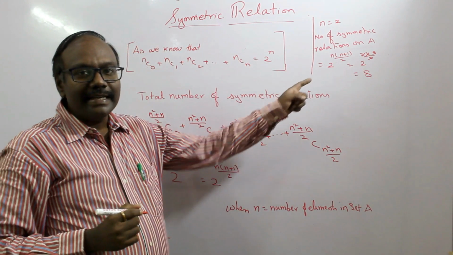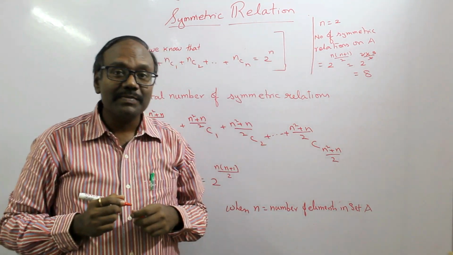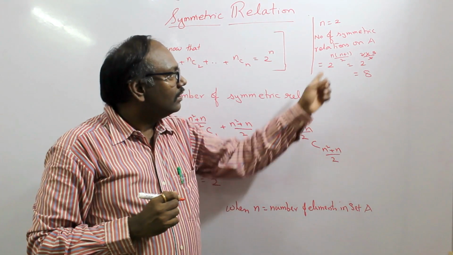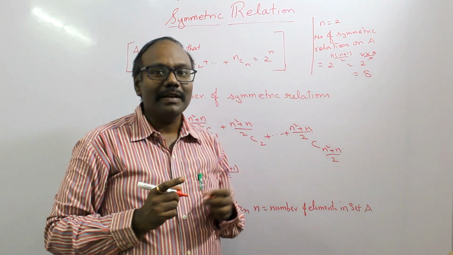So if a set A contains two elements, then the number of symmetric relations will be equal to 8. So this is how we find the number of symmetric relations on set A containing two elements.